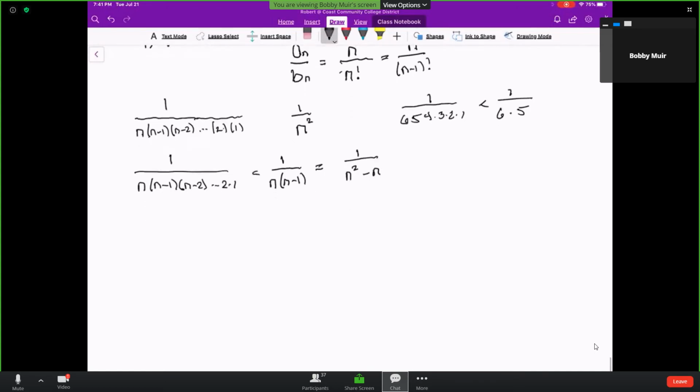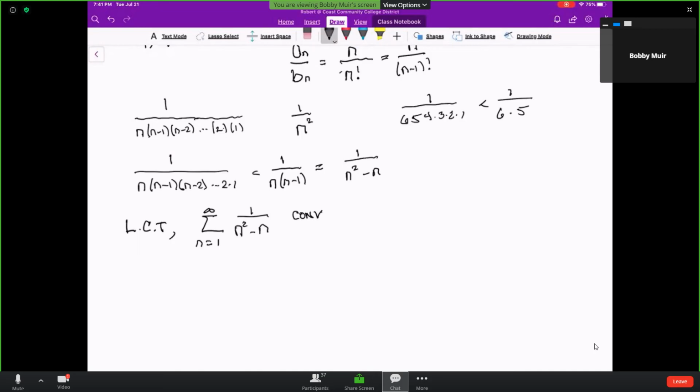So from the limit comparison test, the sum n equaling 1 to infinity of 1 over n squared minus n converges.